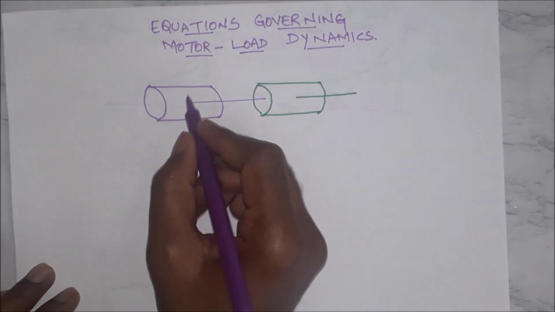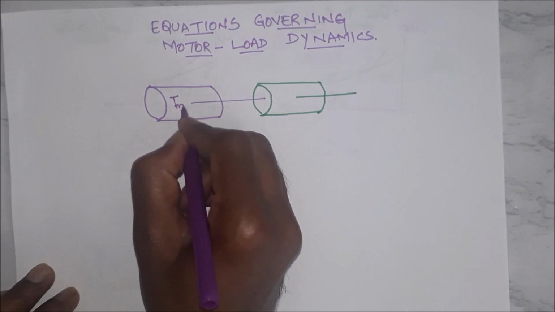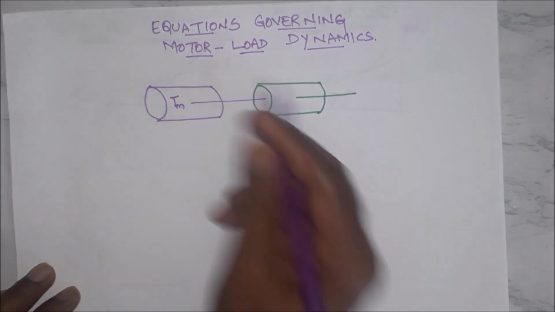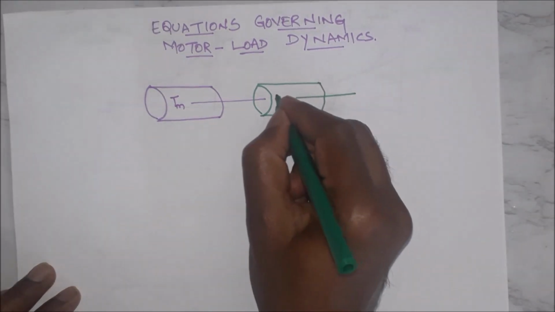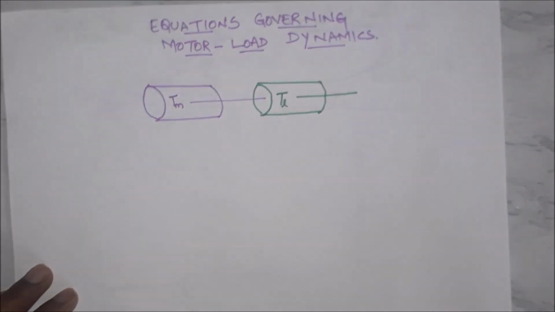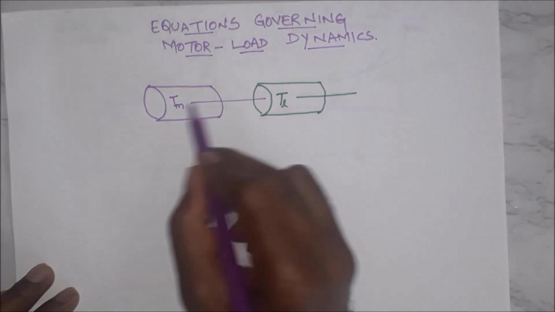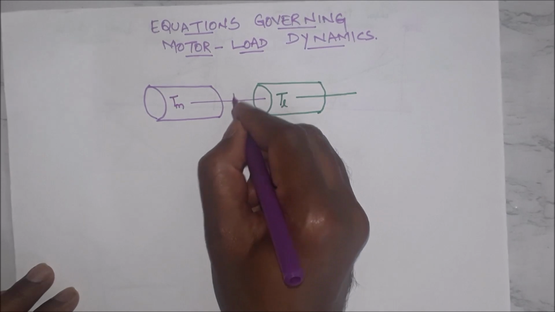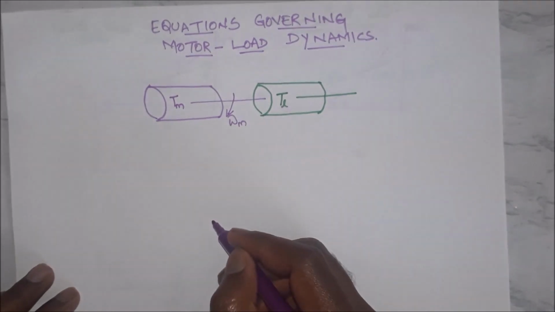Now let us consider the torque developed by the motor as Tm and the torque created by the load as TL, and this load is driven by this motor with a speed of omega m.